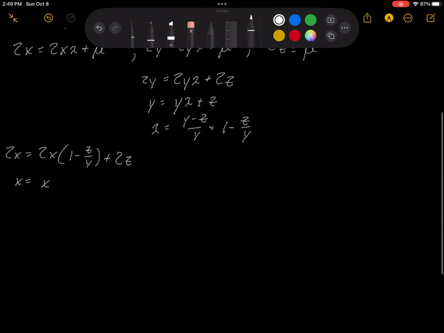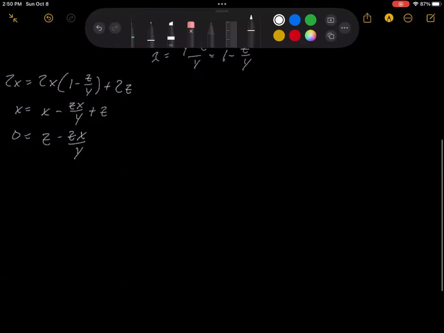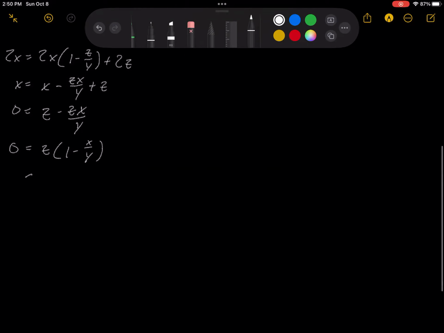Let's distribute the x, and I've got an x on both sides. 0 is equal to z minus z x over y. So 0 is going to be z times 1 minus x over y, which means that z is 0, or x is equal to y. All right, this is going to open up some cases.